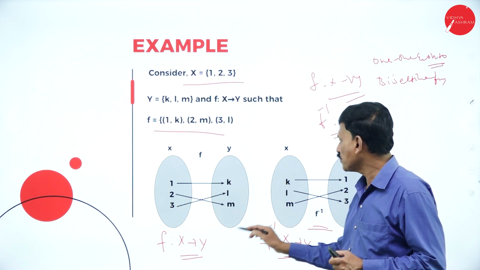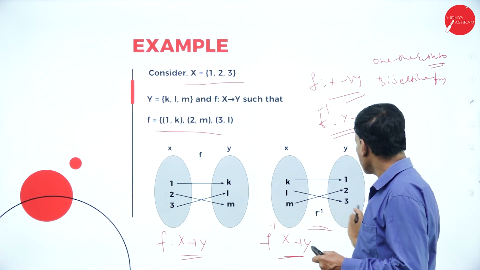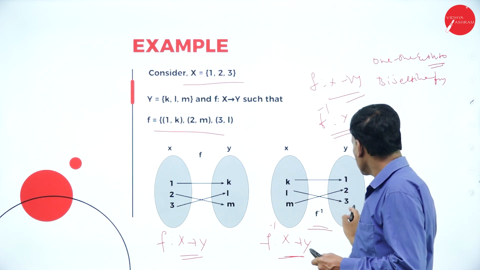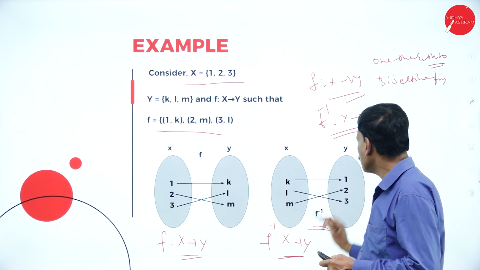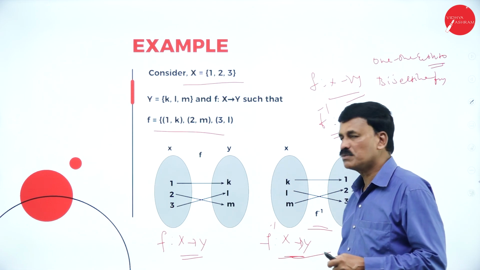F from X to Y is a function and f inverse maps k to 1, l to 3 and m to 2. This is called an invertible function.